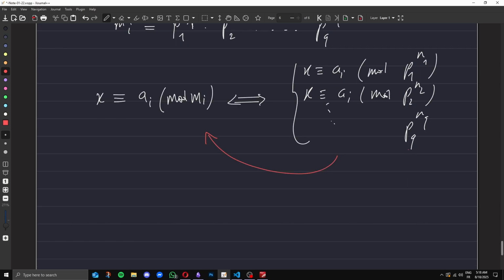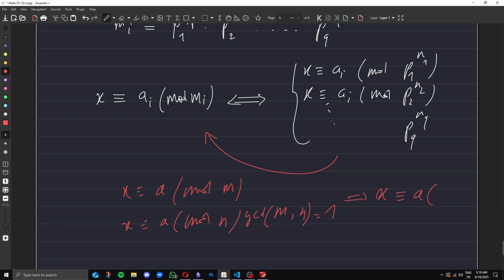But going from here to here now, it also makes sense because all of these are pairwise coprime. And we know that if x is congruent to, let's say, a modulo m, and x congruent to a modulo n, and m and n are coprime, so their greatest common divisor is 1, that means that x is congruent to a modulo m times n.